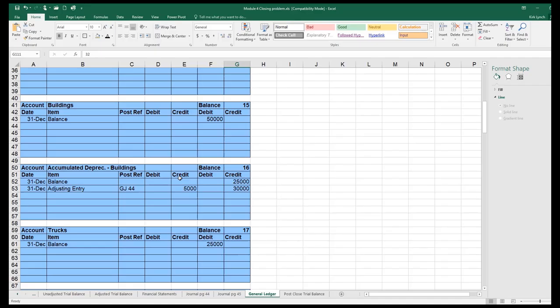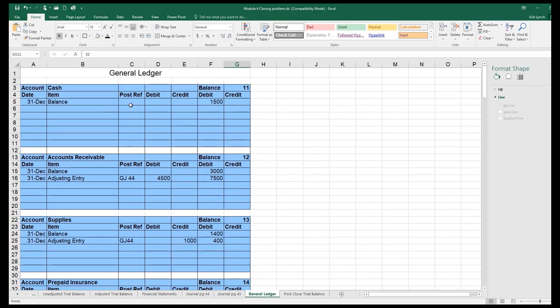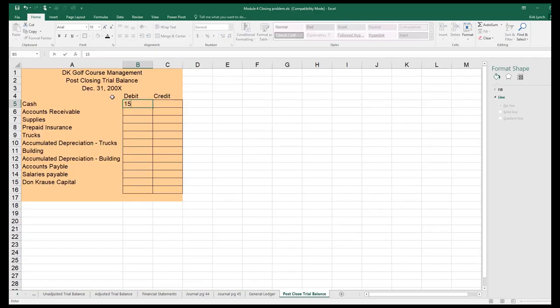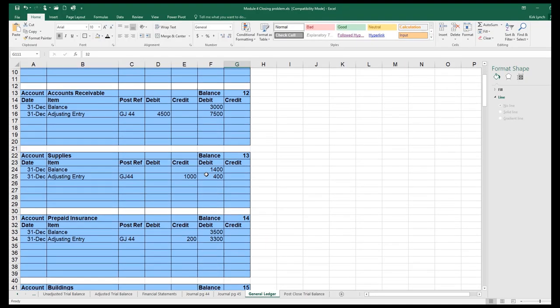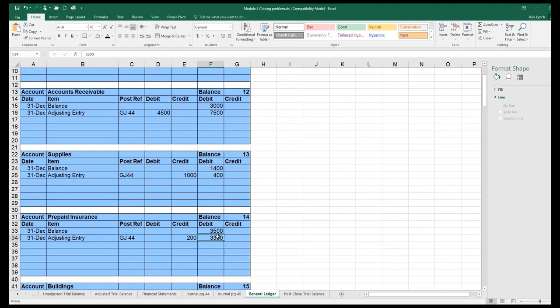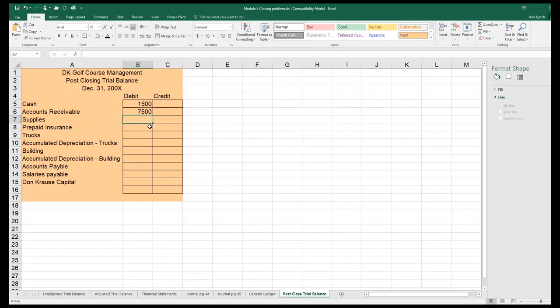And so if we get up here to the top where we have accounts that still have balances, cash is $1,500, accounts receivable is $7,500, so let's put those in here, $1,500, $7,500, and then our supplies has a balance of $400 and $3,300 for that one, so let's put that in.